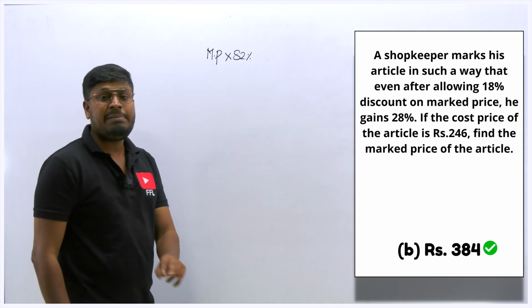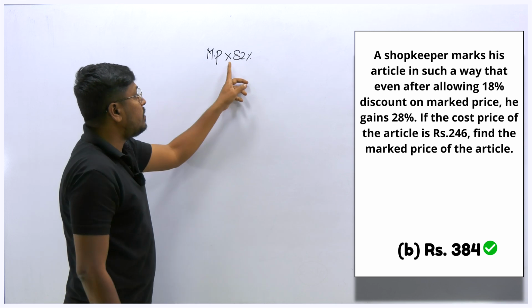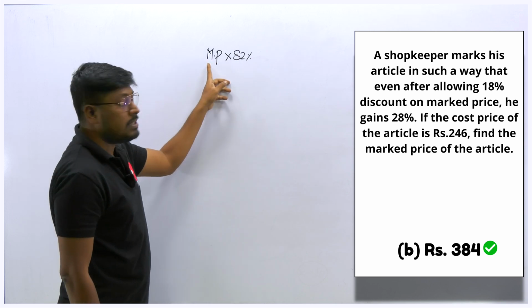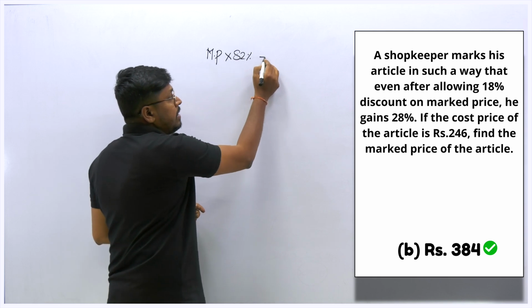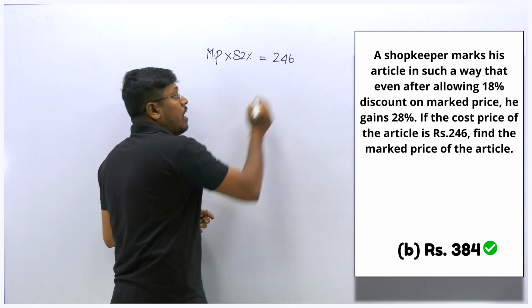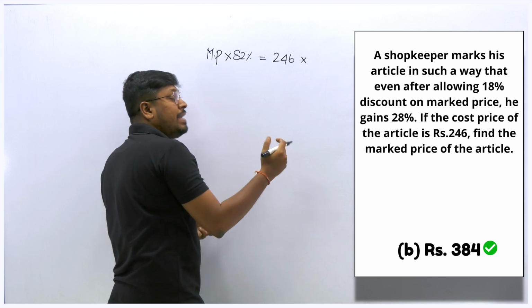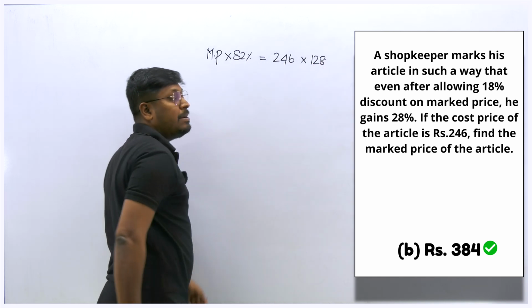Yes or no? Because 18% discount, 100 minus 18 will be 82. So he sold the article at 82% of the fixed marked price. The resultant is the cost price he is fixing, which is 246. Out of this, how much profit is he gaining? He is gaining 28% profit, which is 128%.